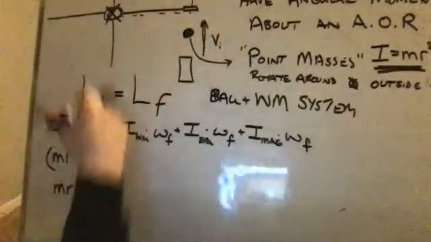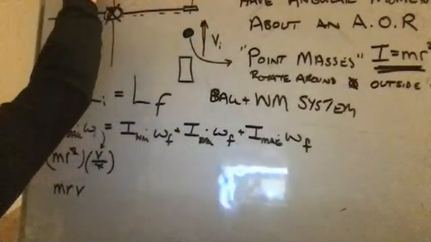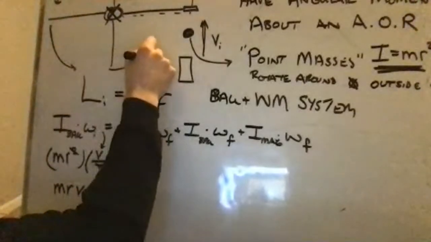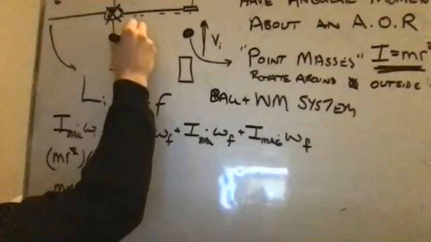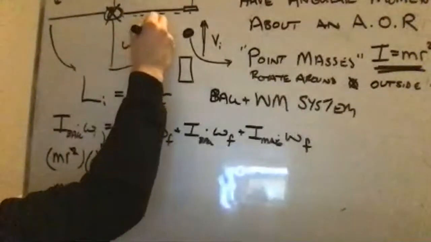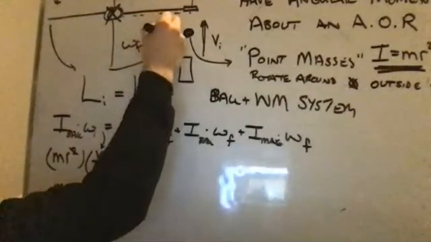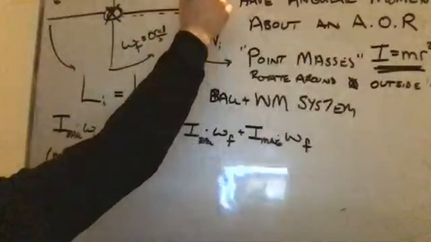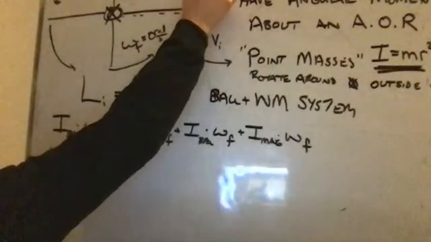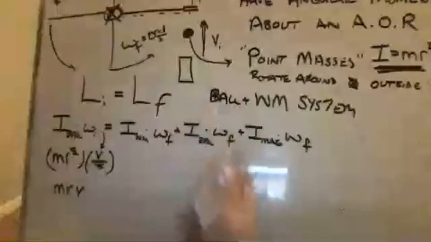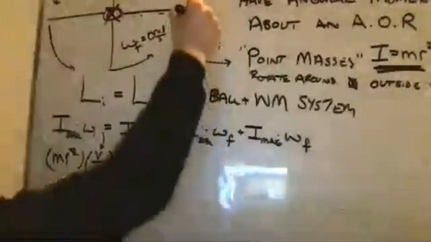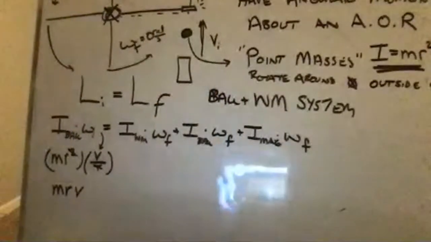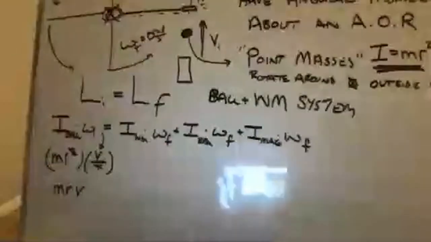After the collision, we were stuck watching this thing rotate until it came to a stop. Now, I don't know exactly what the velocity was after the collision. We can call this the initial angular velocity immediately following the collision. I don't know that, but I do know it comes to a stop.